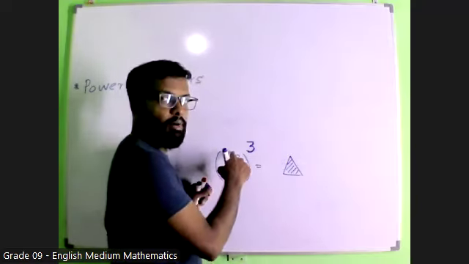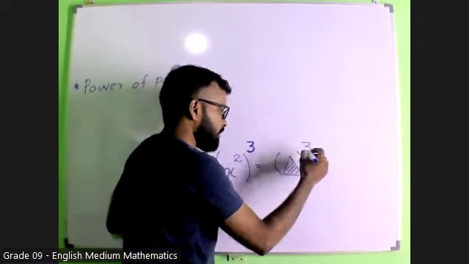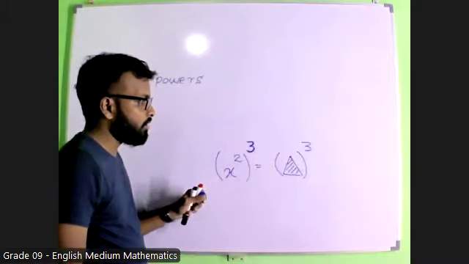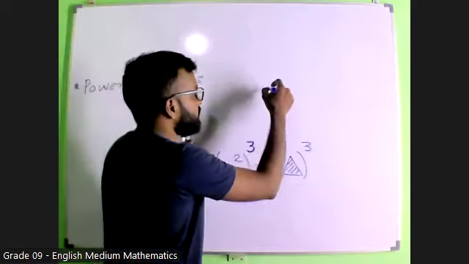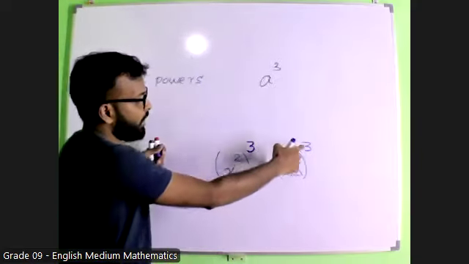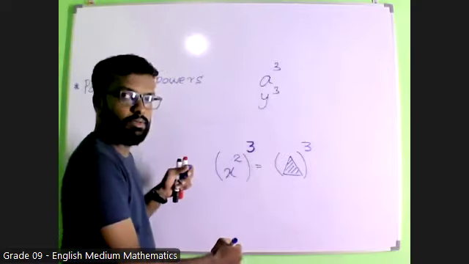It equals x to the power 2. Triangle to the power 3. What is the meaning of that? This is something like a to the power 3, y to the power 3.